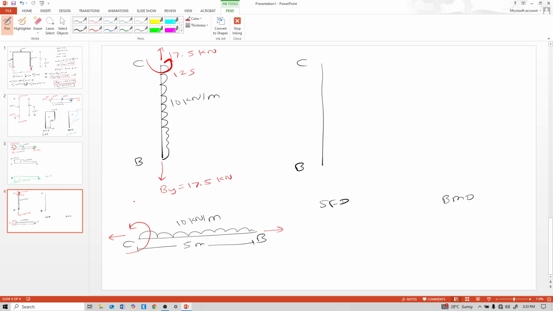And when we take shear from right to left, then change sign. That means here it is 50 kilonewton positive. And at B it is 0. And this is UDL, that means inclined line. So this is positive.